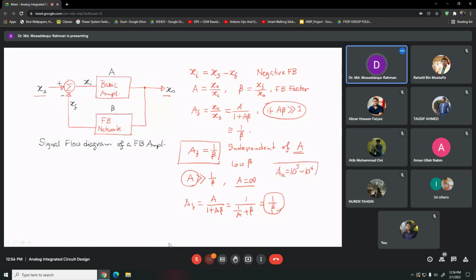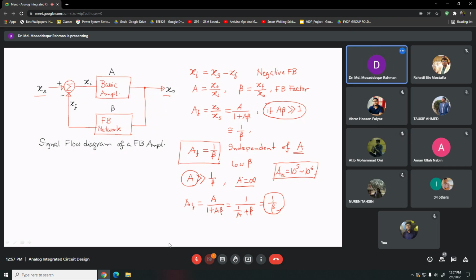That is quite high. That is the main reason why the op-amp comes with such high gain, in order to satisfy the condition that A beta is much larger than 1, so that the overall gain is completely independent of the gain of the amplifier and is determined only by the feedback network, this beta.